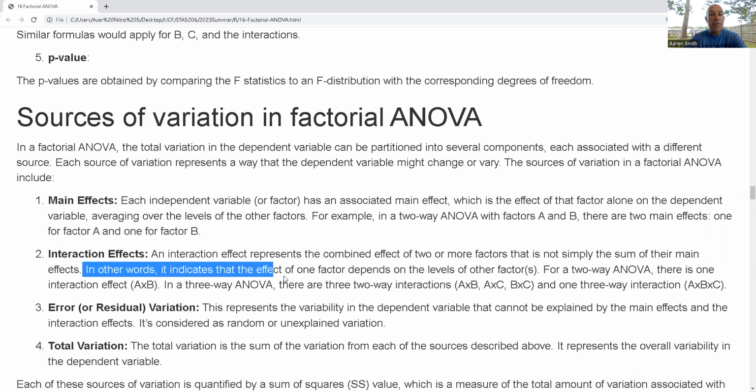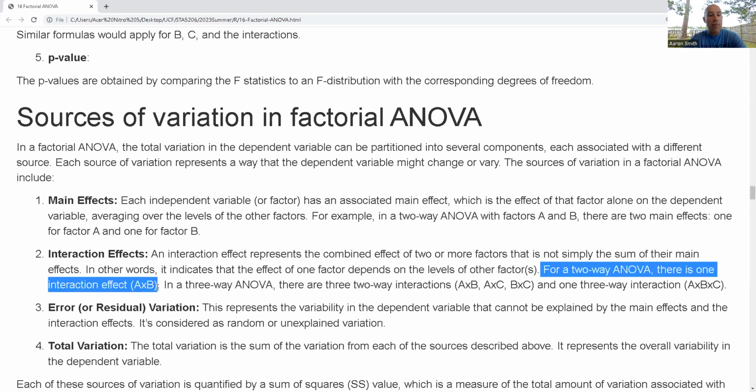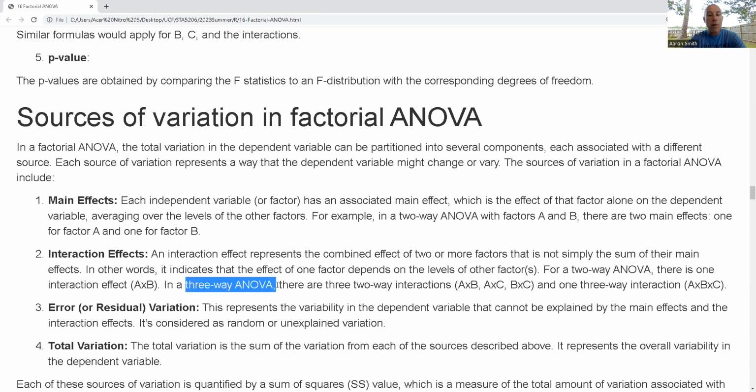In other words, it indicates that the effect of one factor depends on the level of another factor. For a two-way ANOVA, there is an interaction effect of A and B. In a three-way ANOVA, there are three two-way interactions and one three-way interaction.